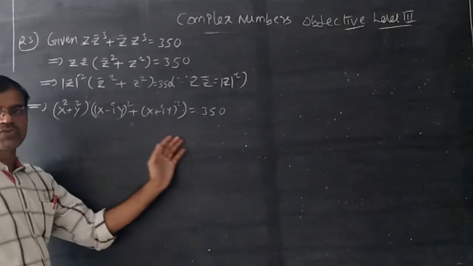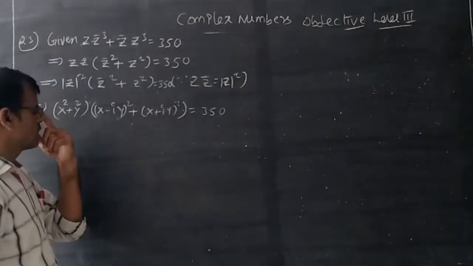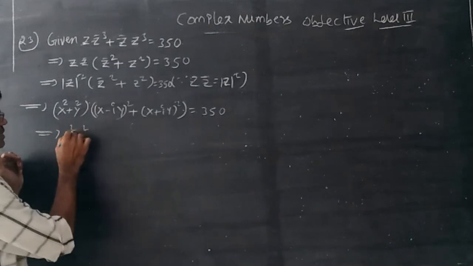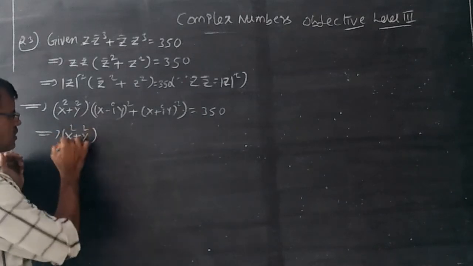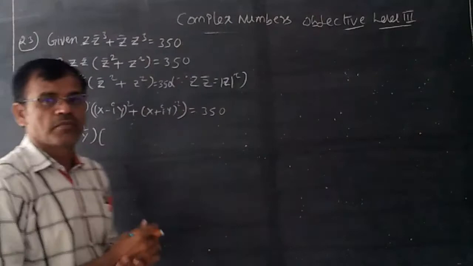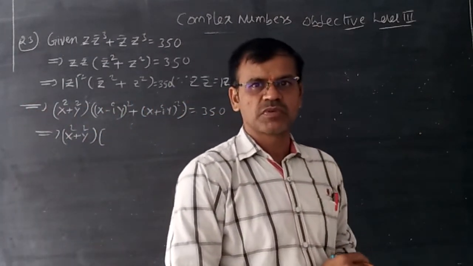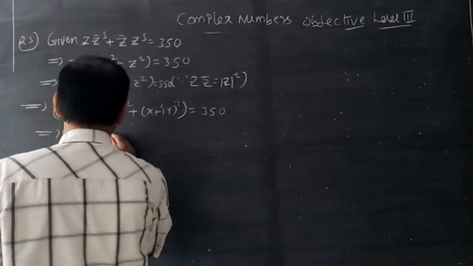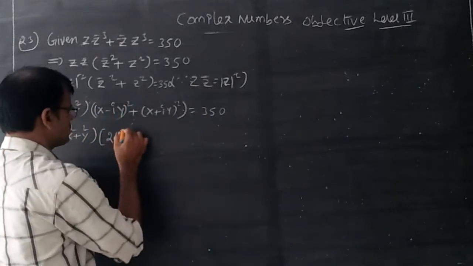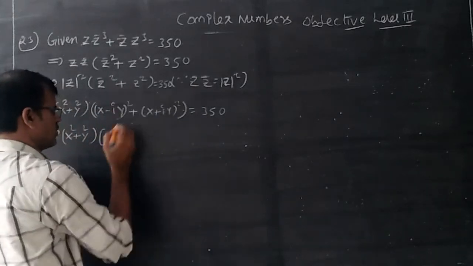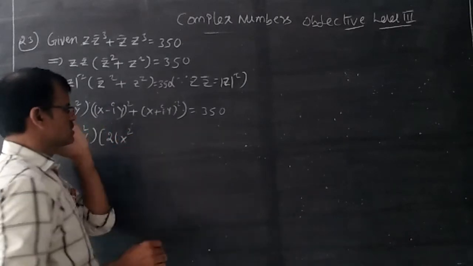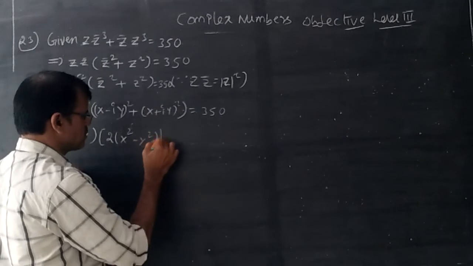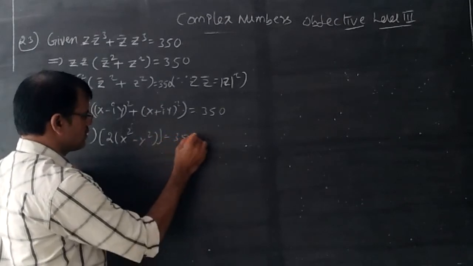This is of the form (a + b)² + (a − b)², which is equal to 2(a² + b²). So 2(a² + b²) you can understand here as 2(x² − y²), because i²y² becomes −y², is equal to 350.